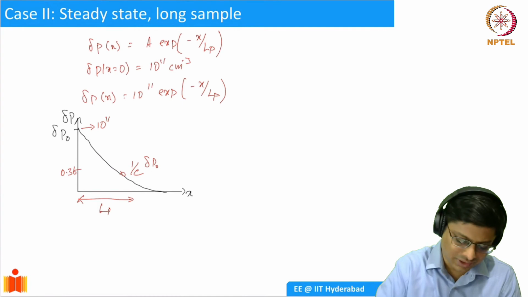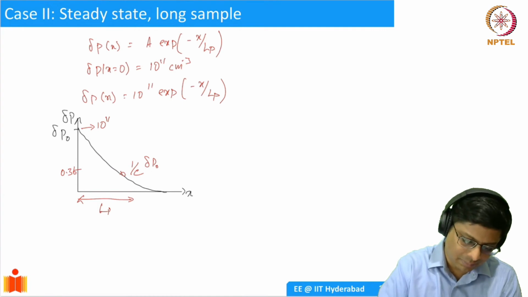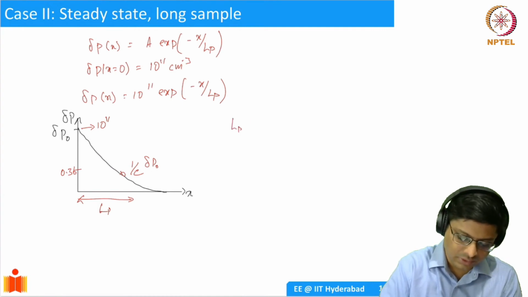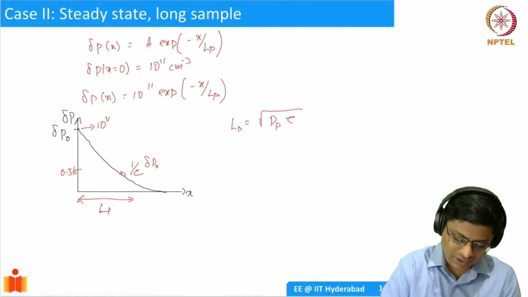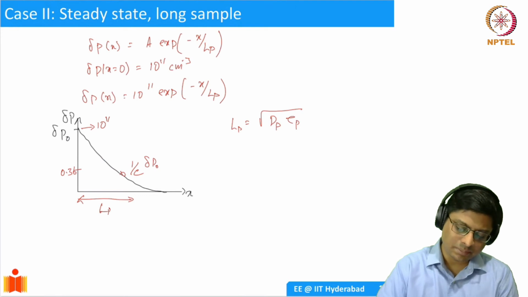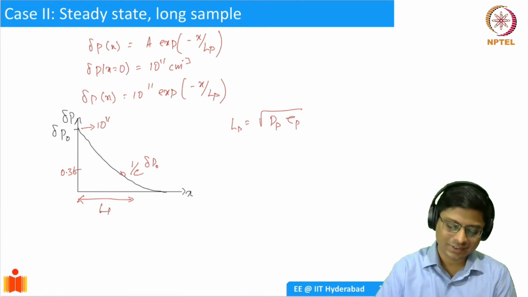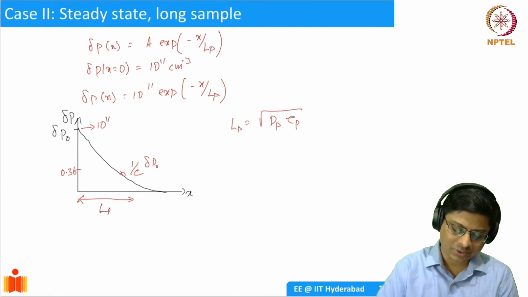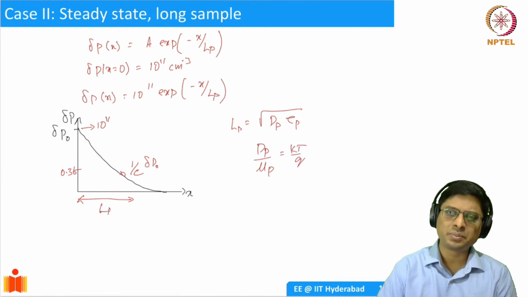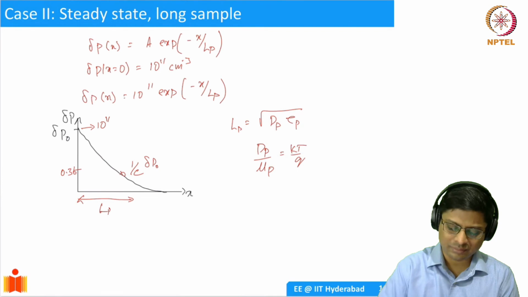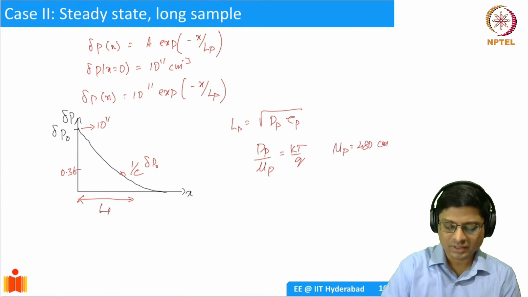Let's try to estimate. We said Lp was the square root of dP times tau P. What was the diffusion coefficient? Remember, dP by mu p was equal to kT by q, the Einstein relation. And mu p was about 480 centimeter square per volt second.